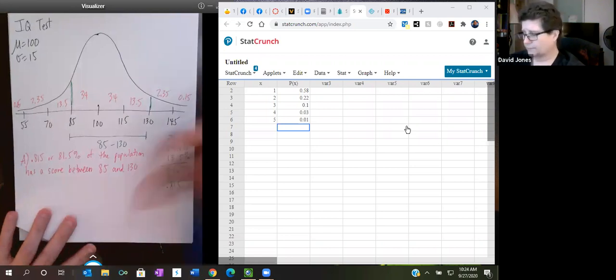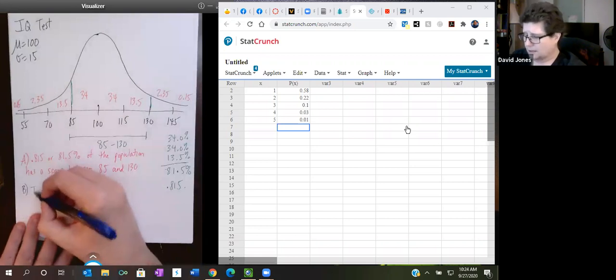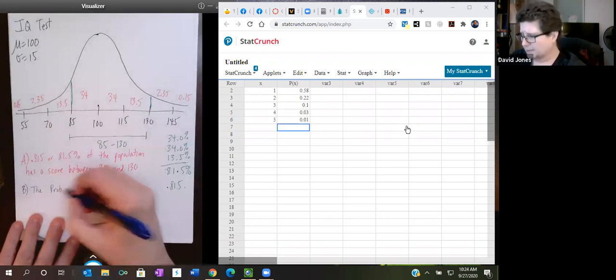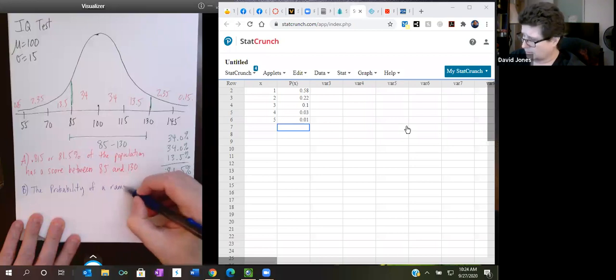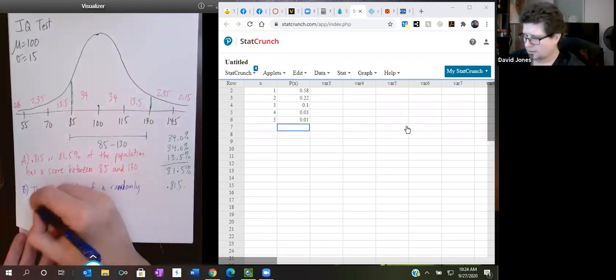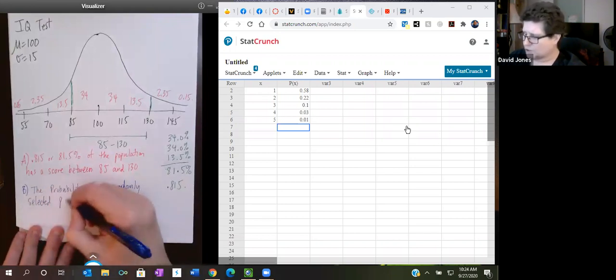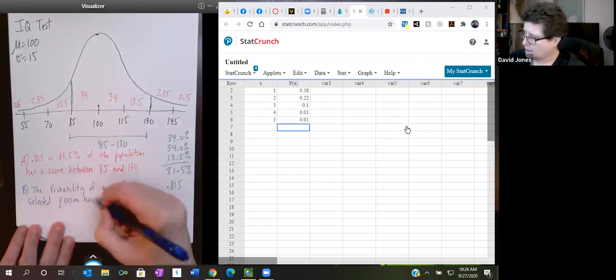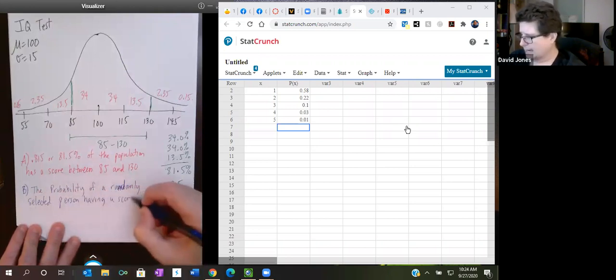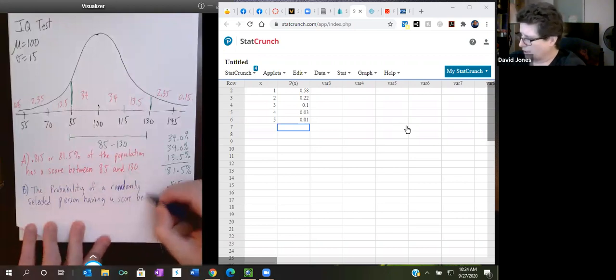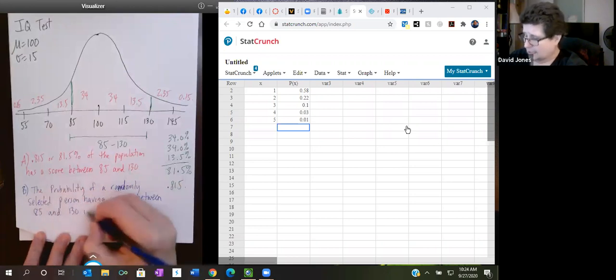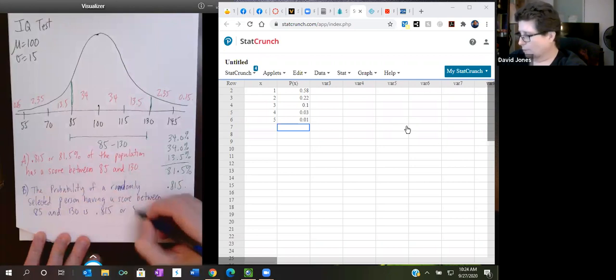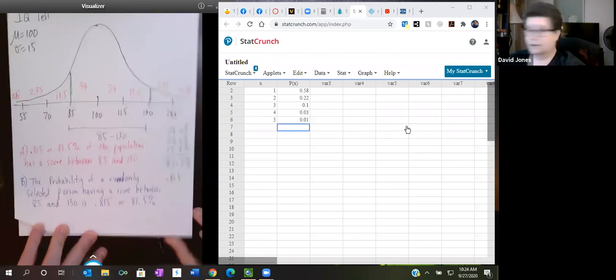Or B, the probability of a randomly selected person having a score between 85 and 130 is 0.815 or 81.5%. Okay.